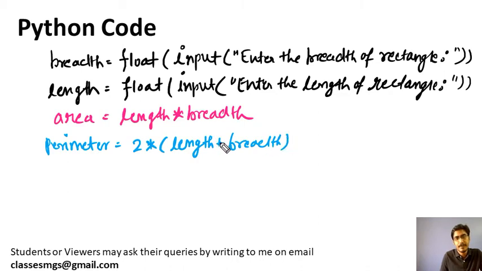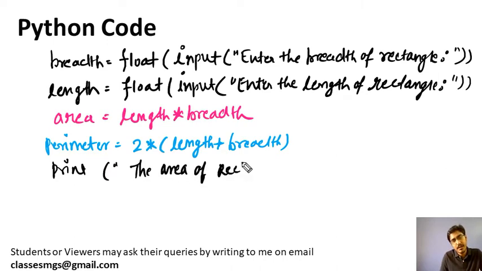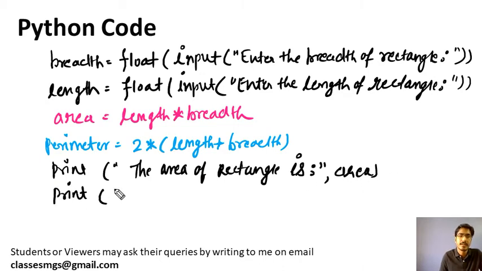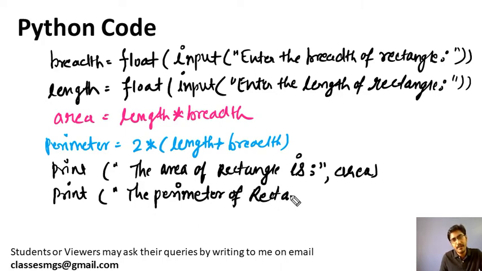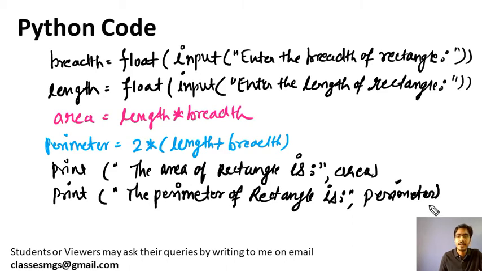Like this you will do, and then in the last step you will print "The area of rectangle is", print the area, and then you will print the other thing, "The perimeter of rectangle is", then print the perimeter. So this is how the program can be written, very easy.